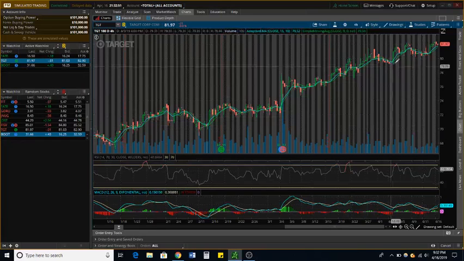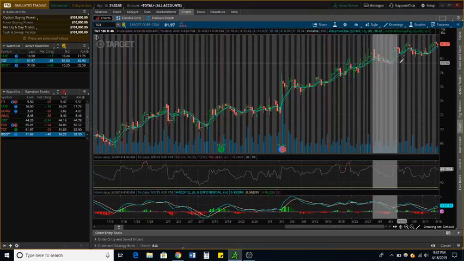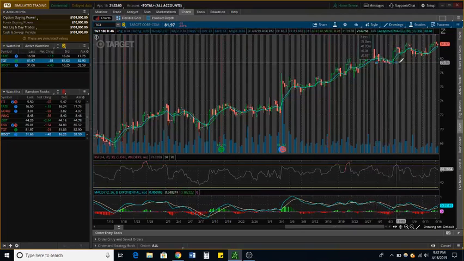So, let me see. There's a bounce here. There's sort of a bounce here. So this is what I'm going to use as my stop loss. And I'm hoping that it continues to trend upward.